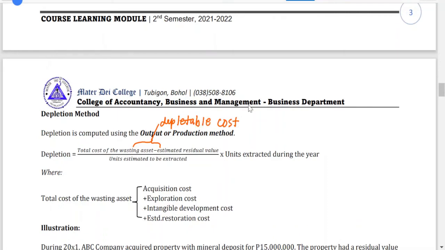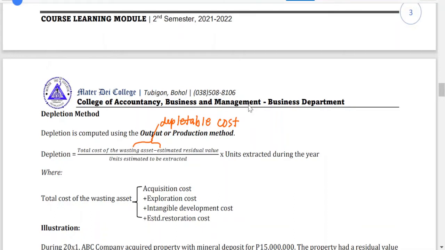So you have the depletable amount, depletable cost, divided by the units estimated to be extracted. So it's estimated because we are not 100% sure that this is really the exact number of natural resource or deposits that can be taken out from the property. We will know the approximate amount or approximate units as we extract more of the minerals in that area.